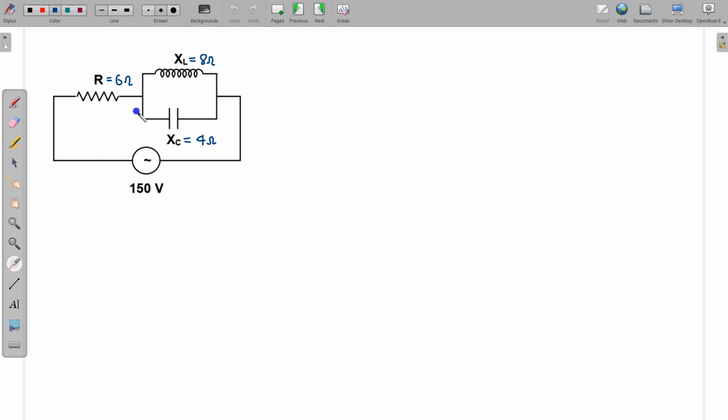This is the diagram, and I am using the phasor or vector method approach. Whatever voltage is provided by this source is divided in two parts here.